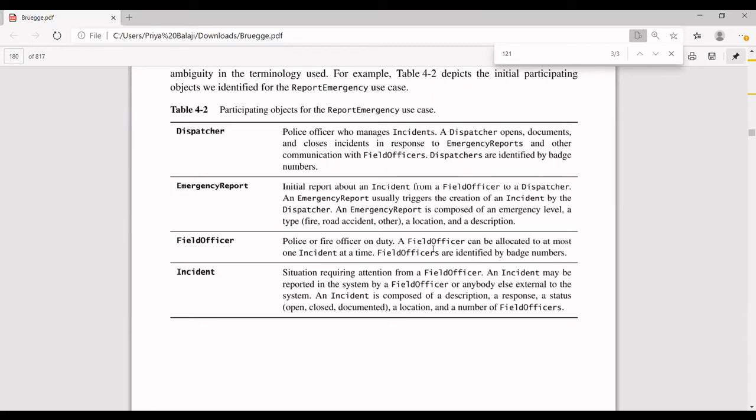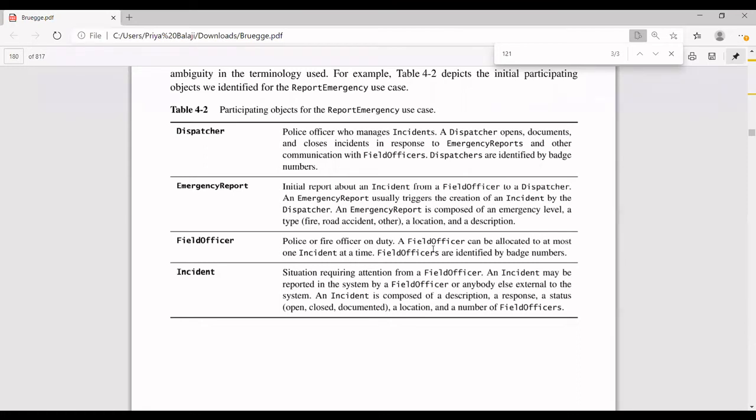For example, issuing a book from the library, the use case name is issue book. Who and all the objects will be involved in that? First, students will be involved. Yes, student. Then the library member will be involved, that is librarian, that is administration.